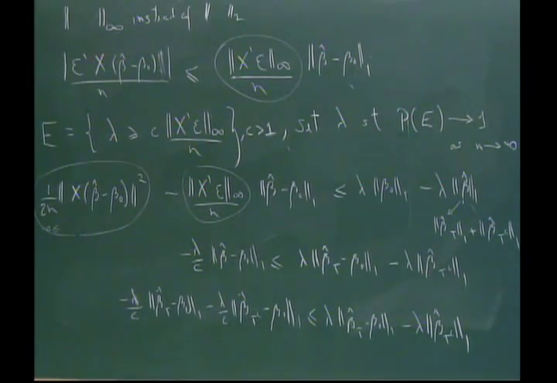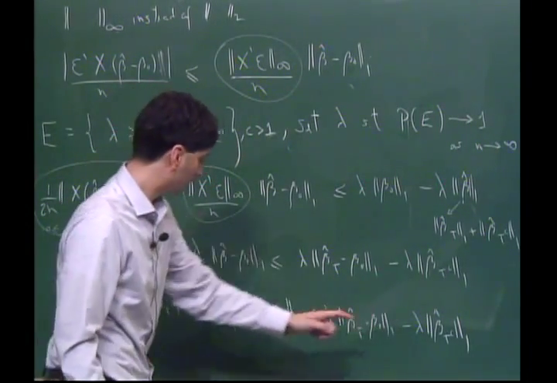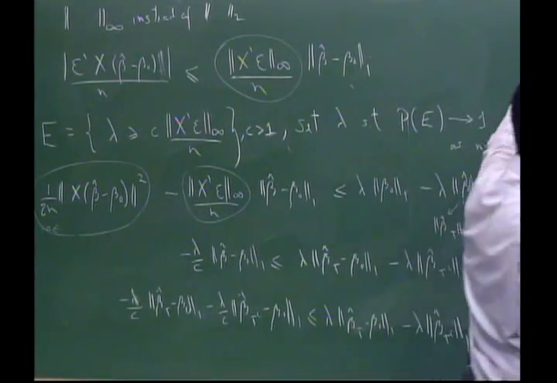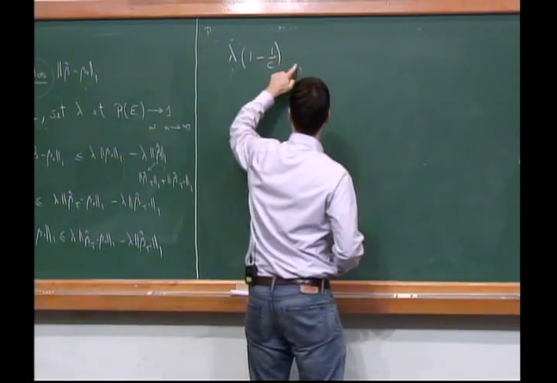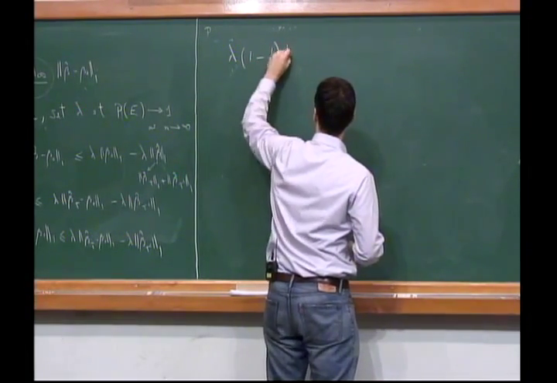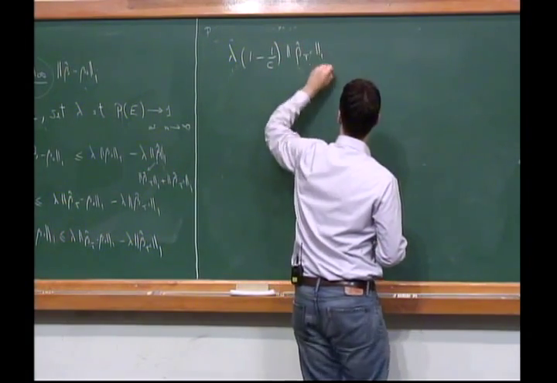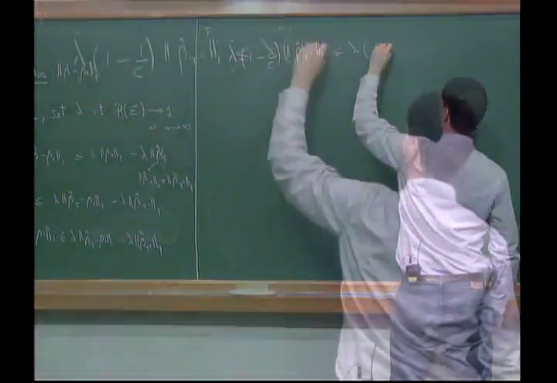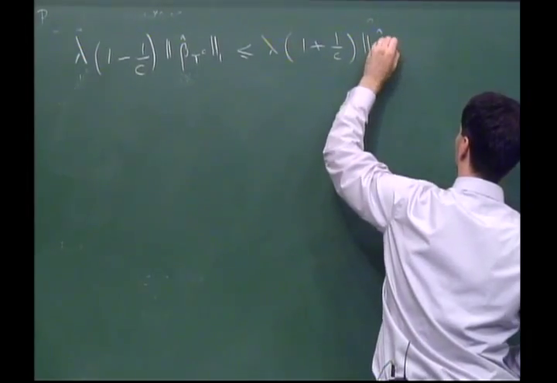Now, let me just take this to the right-hand side, take this to the left-hand side. I get lambda 1 minus 1 over c, and remember c is bigger than 1, times the estimator outside the true support, the L1 norm of that, less equal than lambda 1 plus 1 over c, T minus.